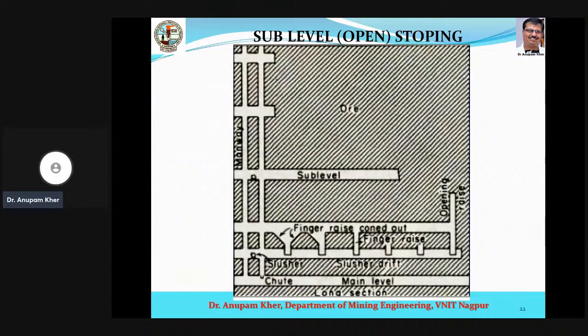So you can see that from the bottom there is a slusher or haulage drift which is made here. It should be made in competent strata, or if required, it should be properly supported. And above that there is a finger raise which is being carried out, and then these sub levels are created one by one.